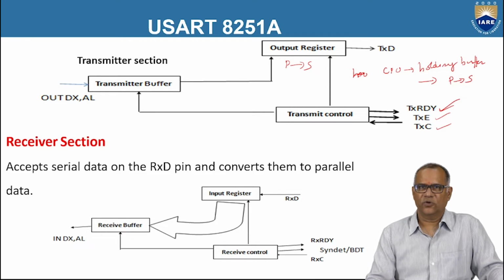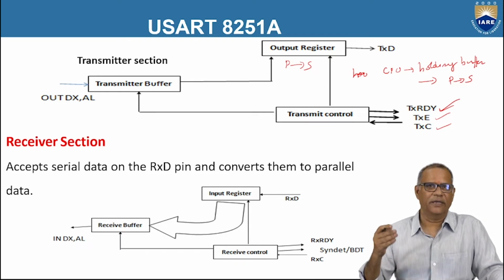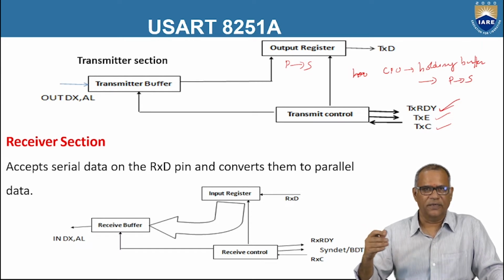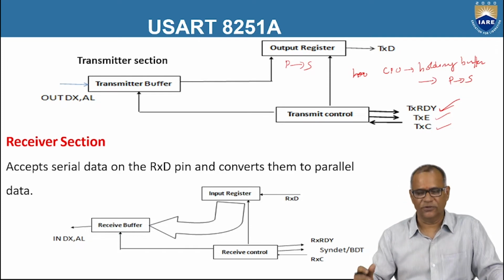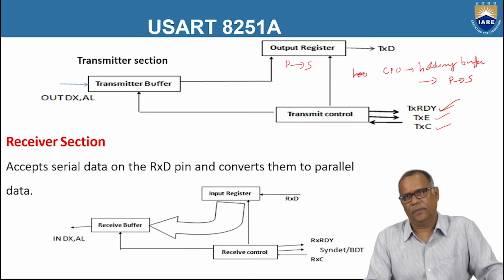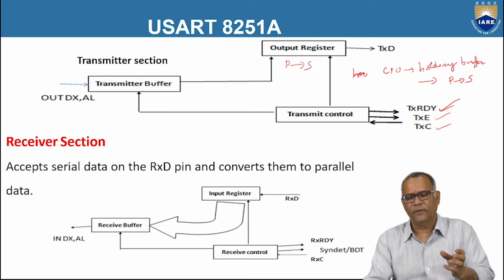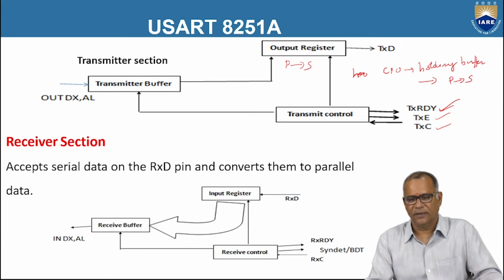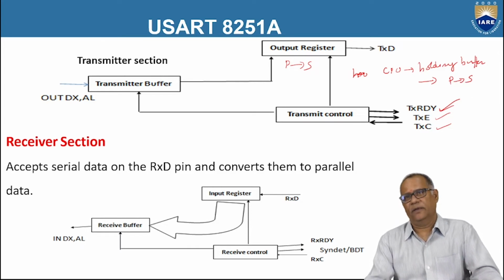Then the microprocessor knows that whatever 1 byte of data it has passed on to 8251A is already being transmitted. So it puts the next byte into the holding buffer. And when both the holding buffer and the P2S register become empty, when both of them are vacant, then the transmitter empty signal is activated.